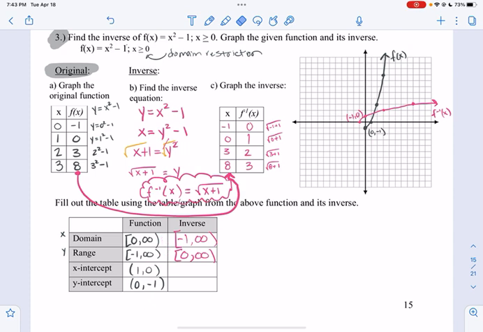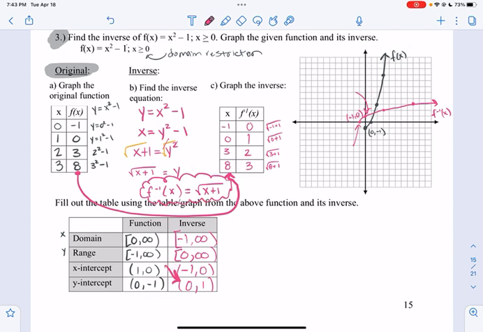Okay, and then since you've got your graph right in front of you, x-intercept is negative 1. Y-intercept is positive 1, so 0, 1. So again, really just switch. So some of you will just figure out from the table that they're switched.